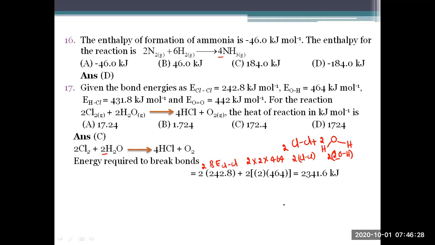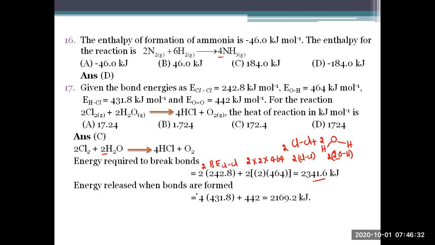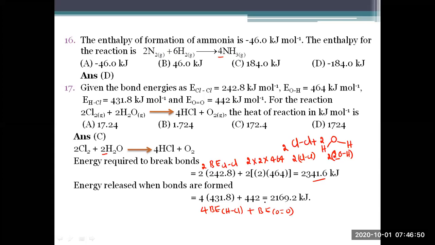This is the amount of energy released when bonds are formed in the products. There are 4 HCl bonds: 4 into bond energy of HCl plus bond energy of O2, O double bond O, 442 they have given.